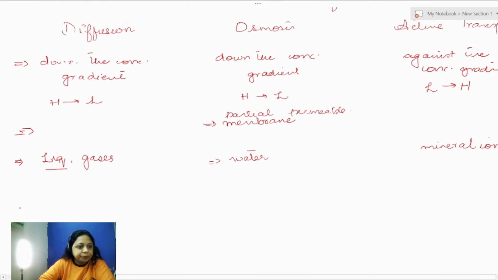Can you give me an example of diffusion in the human body and then in plants? Good, exchange in alveoli. How does the exchange take place in alveoli and in stomata? What is different in the exchange of both?